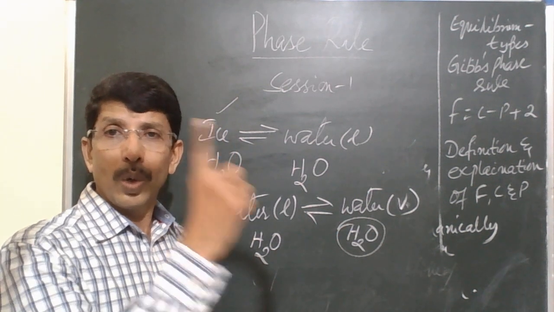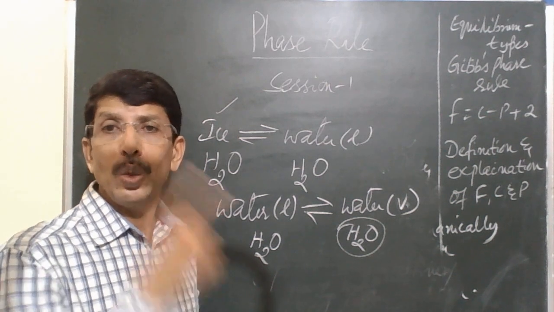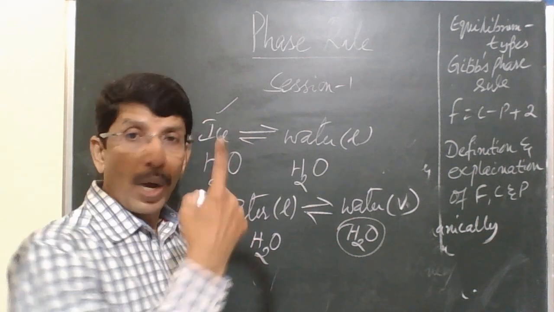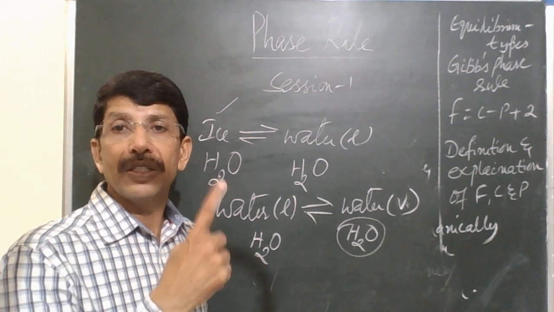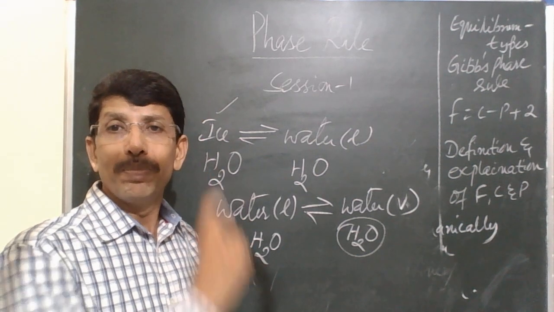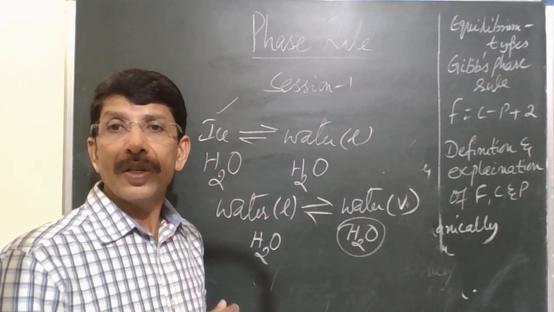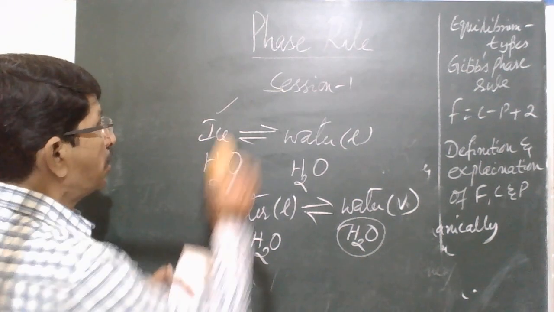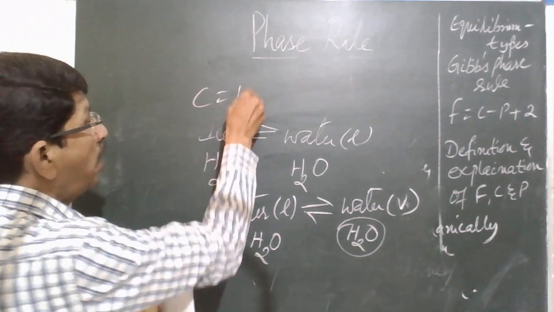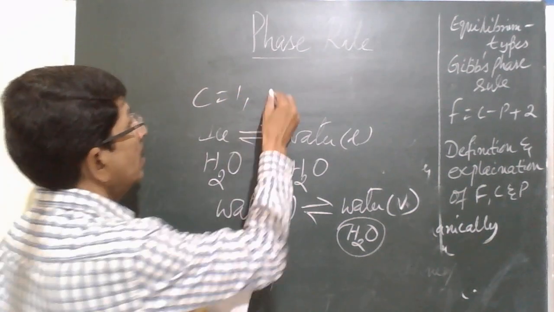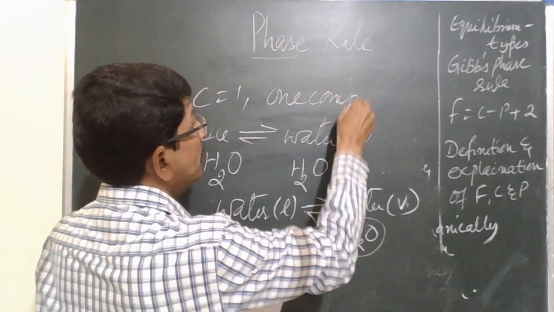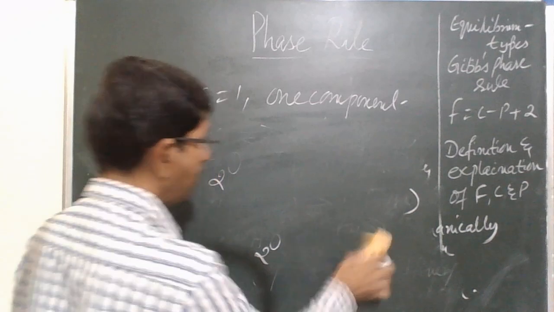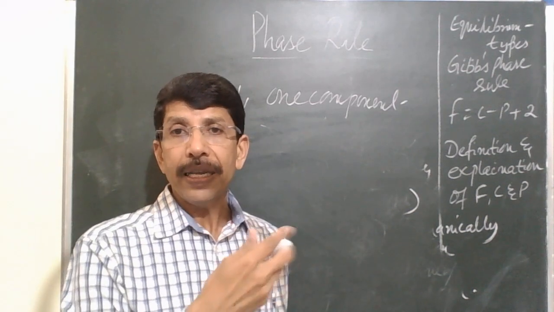So H2O is the only one constituent needed to define the composition of these phases. So whenever only one chemical constituent is sufficient to define the composition of every phase, then we call such a system a one component system. So when C is equal to 1, it is called a one component system, because in these equilibria, only H2O is sufficient to define the composition of every phase.